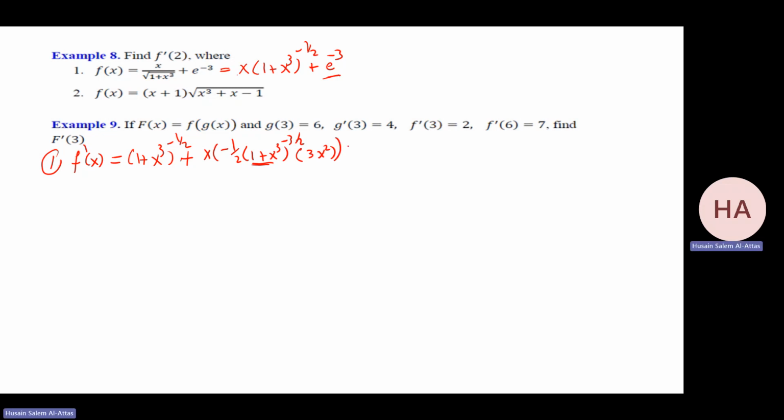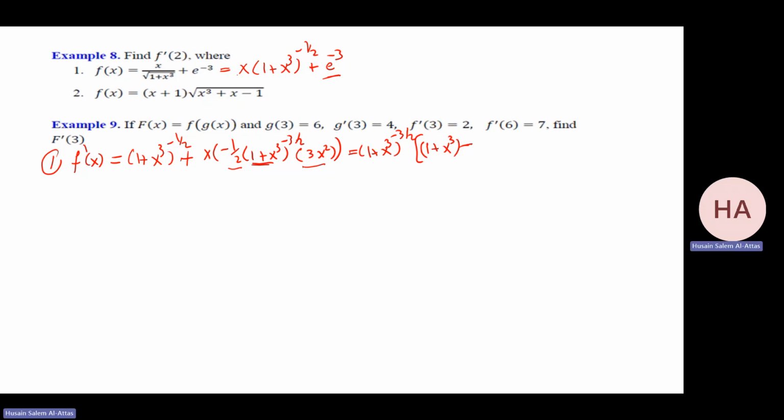Now I will take 1 plus x cubed to the power minus 3 over 2 as common factor. I have here 1 plus x cubed, and it will be minus what? I have 3x squared times minus half times x.